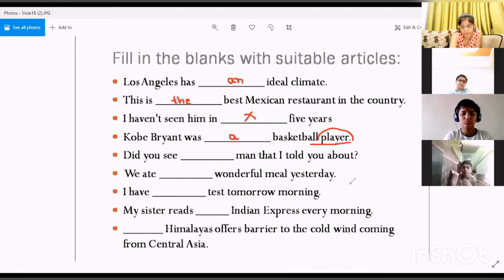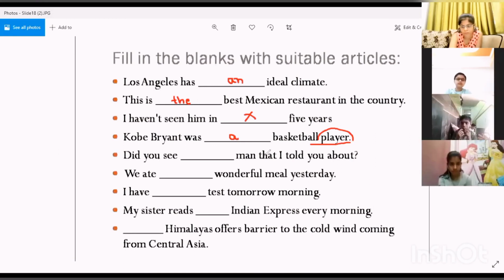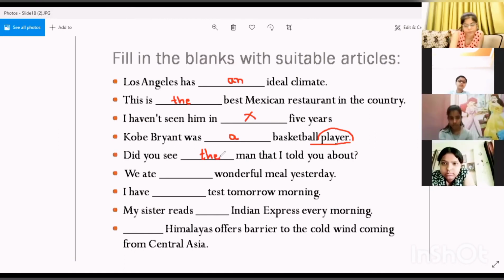Om, you can mute yourself. Did you see the man? Very good. Why are you using the over here? Because it is about a particular man that he is talking about. Absolutely correct. See, you should be ready with the reasons as well.